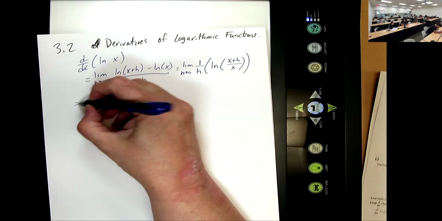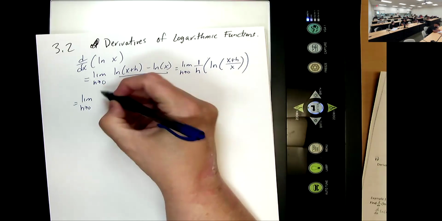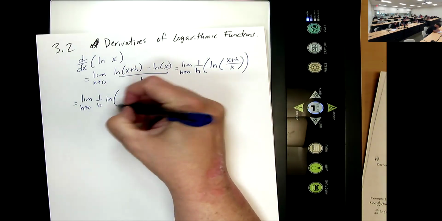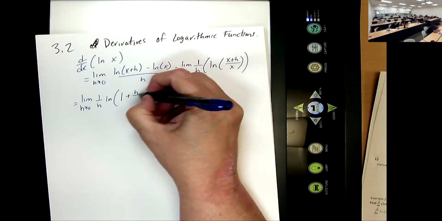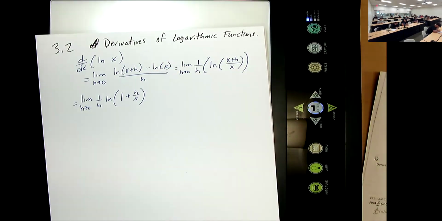And then I'm going to separate this. I'm going to do x over x, which is 1 plus h over x. And now it looks kind of ugly, so I'm going to make a substitution.